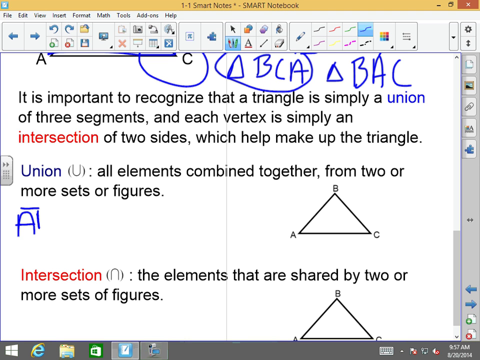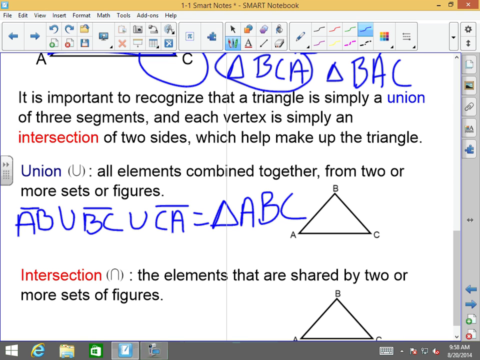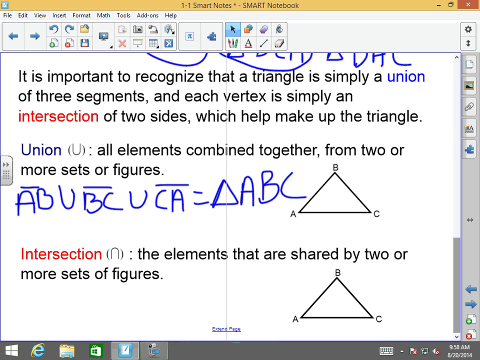Segment AB is in union with segment BC, which is in union with segment CA, which creates triangle ABC.